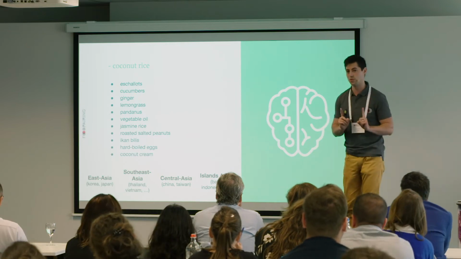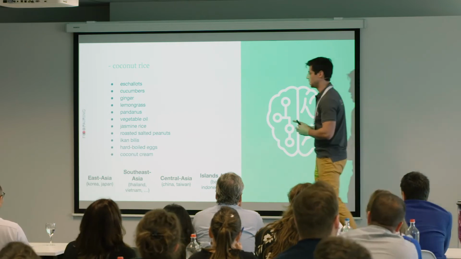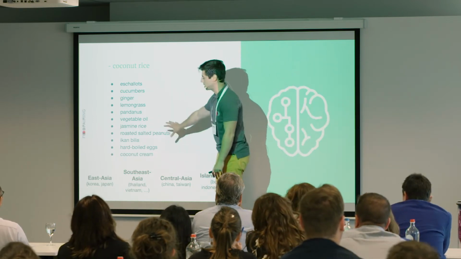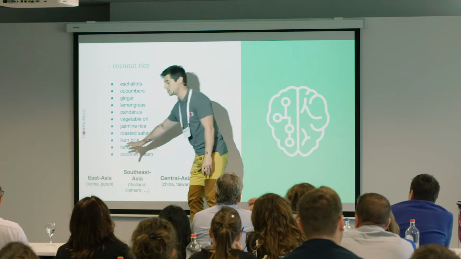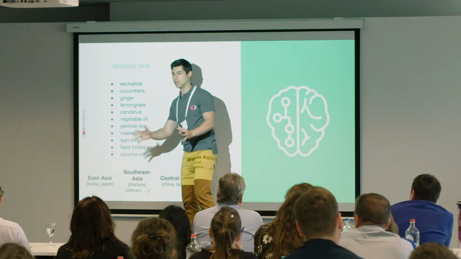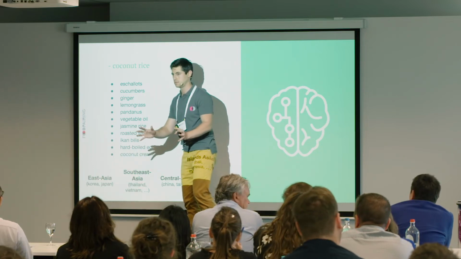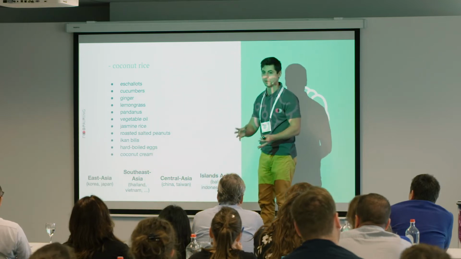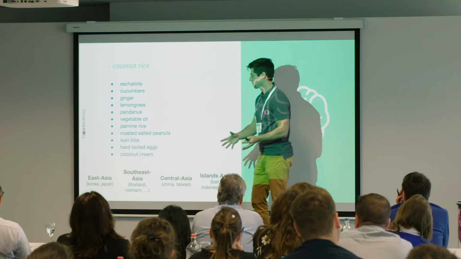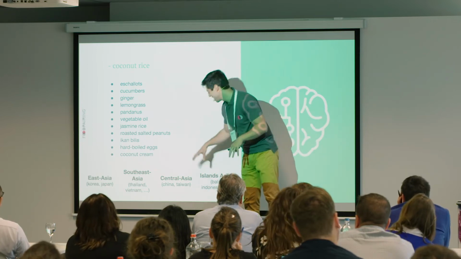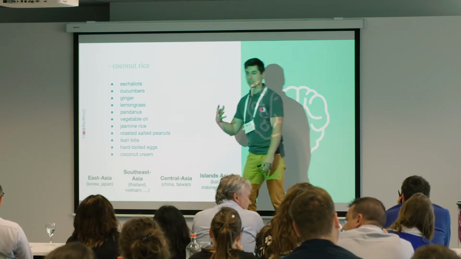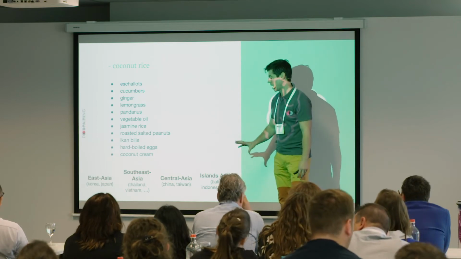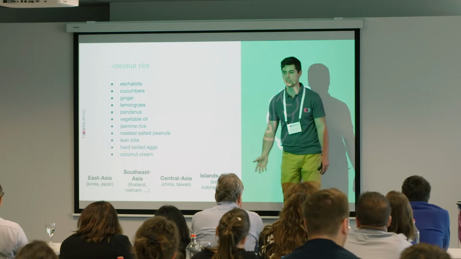And you guys have to guess, I'm going to read it because I think not everybody can see it, if this dish is rather Eastern Asian, so Korean, Japanese; if it's more Southeast Asian, so Thai, Vietnamese cuisine. I already see some first discussions. If it's more Central Asian, so China, Taiwan. Or if it's more from the islands in Asia, so Bali, Indonesia.